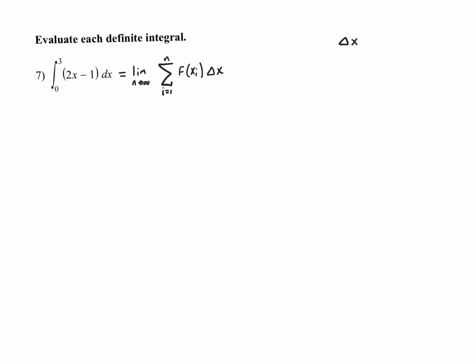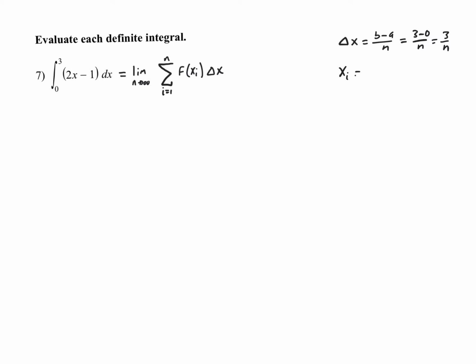Delta x is equal to b minus a over n, where this is b and this is a. So that's going to be 3 minus 0 over n, which is just 3 over n.